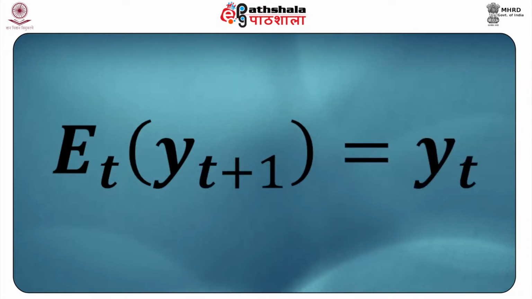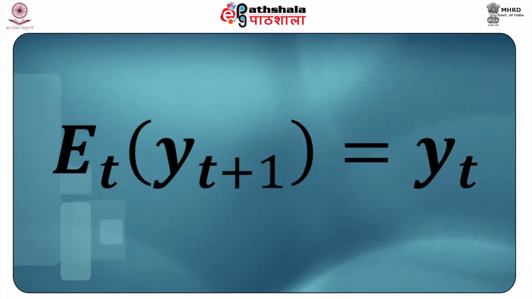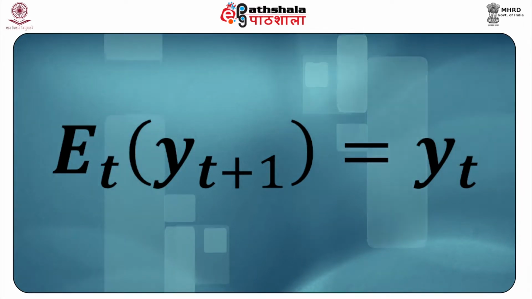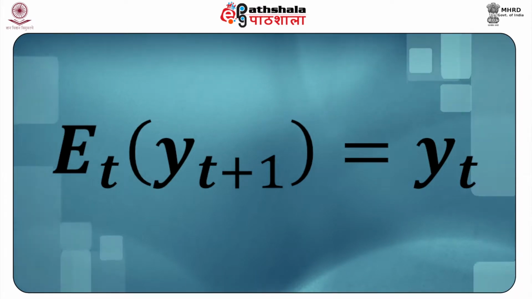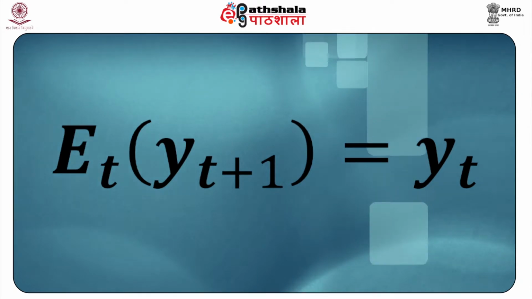Hence, under Markov expectations, the expected value of y based on information available at time t is simply yt. This can be written as Et(yt+1) = yt.